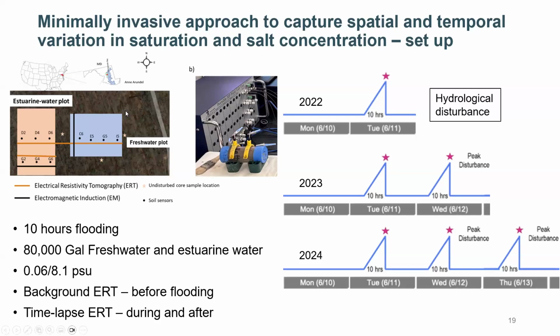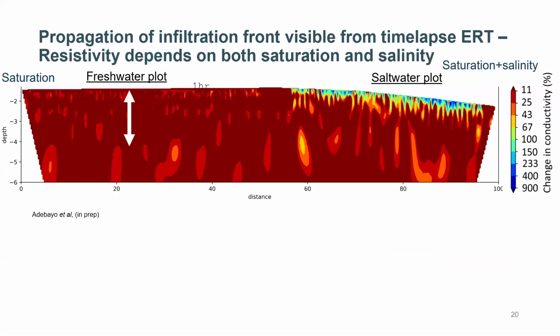We picked a transect across this and measured both electrical resistivity and induced polarization, which is the charge storage, the same thing as imaginary conductivity. We measure them over time, and also have locations with soil sensors that measure the salinity of the soil, which is its electrical conductivity, and the moisture content.